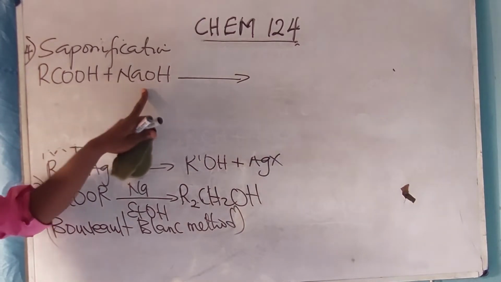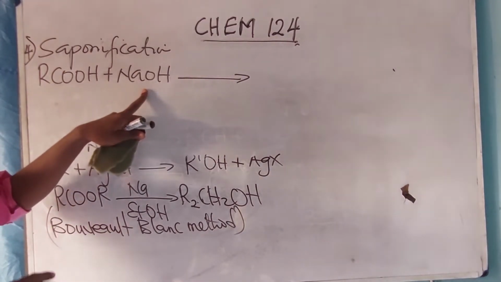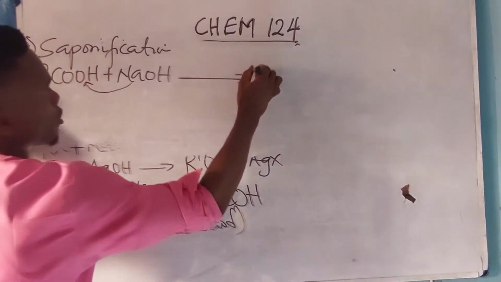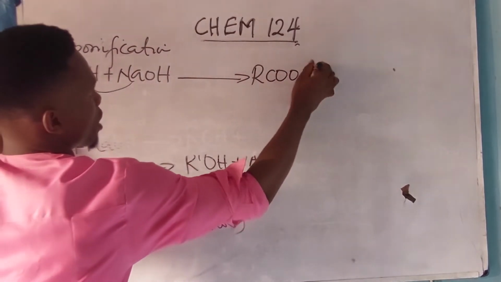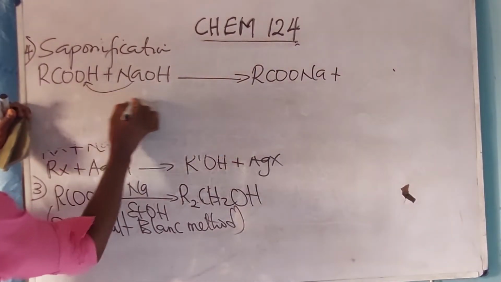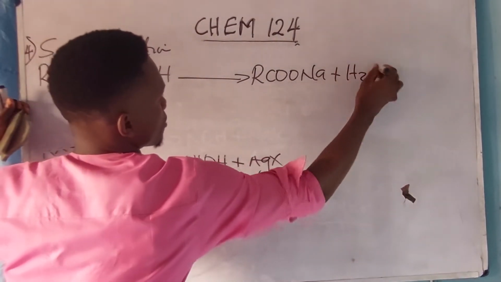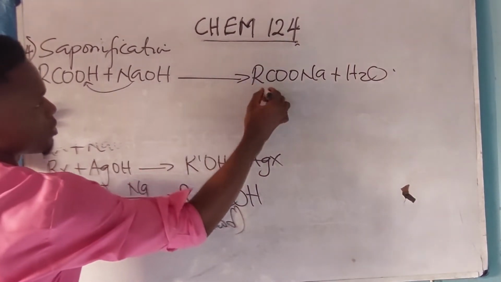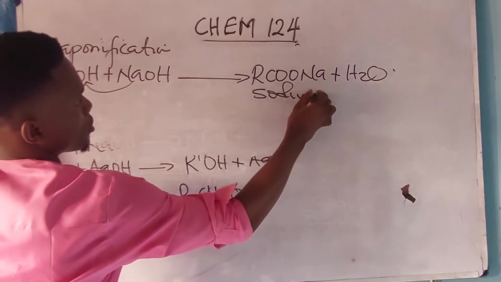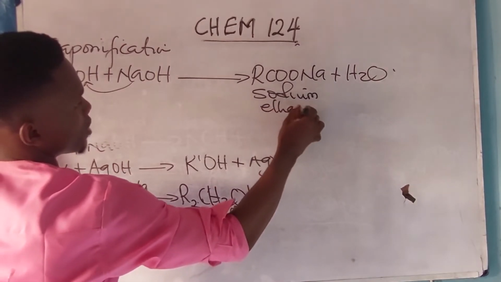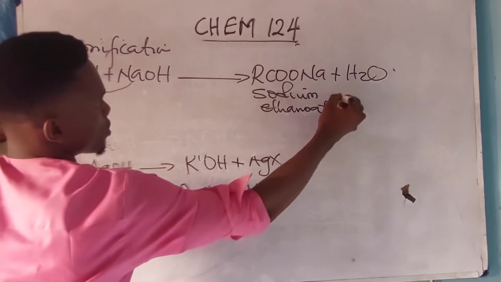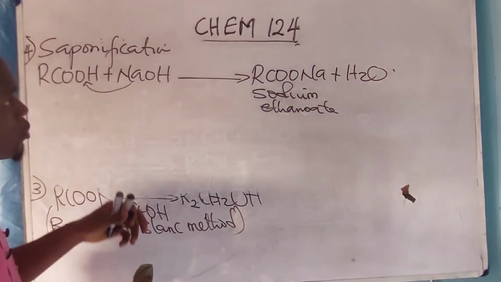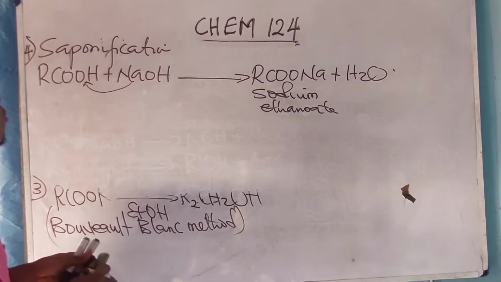An alkali, to produce salt and what? Alcohol. Look at this, sodium is coming over, becomes RCOONa plus this H plus becomes what? Water. Alright, so you now have what? This is sodium ethanoate. That is an ester salt, then plus what? Water molecule. Alright, so from saponification reaction we can produce what?